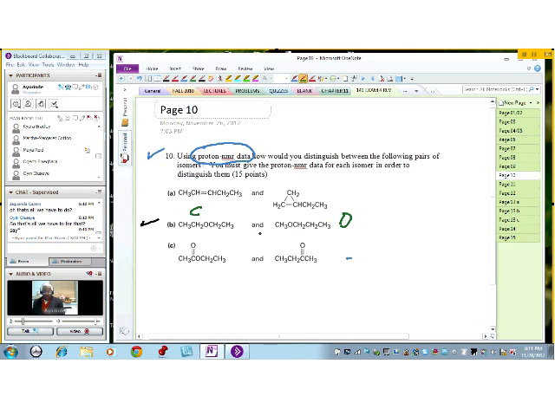Okay? Let me ask you a question here. How many different types of hydrogen do you have in molecule C? 2. Excellent. Okay, where are these 2? Let us say this is one set. This here and this here will be equivalent because this molecule is symmetrical. And then this set here and this set will be equivalent.